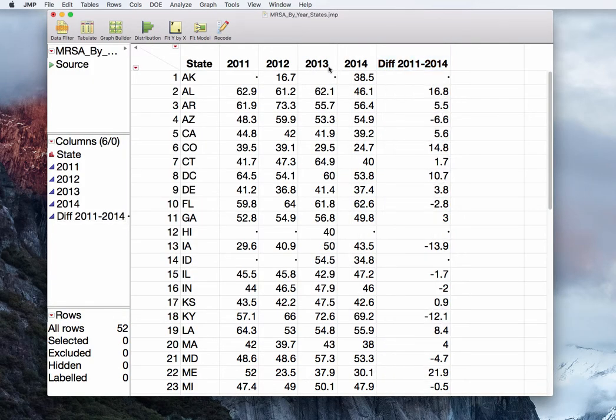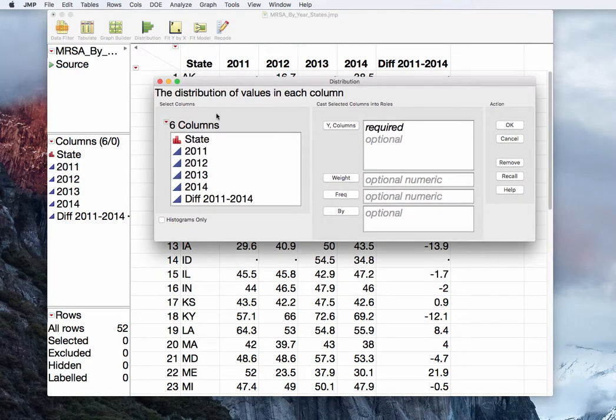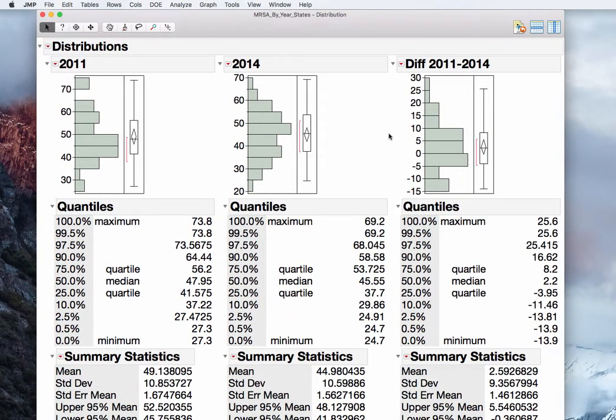So let's do a distribution, analyze distribution. And let's take a look at 2011, 2014, and our difference score and press OK. And if we look at our distributions here, we can see that 2011 ranged from 27.3 to 73.8, and 2014 the minimum was 24.7 and the maximum was 69.2.